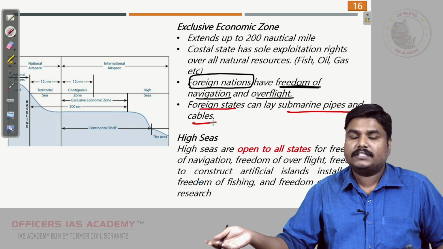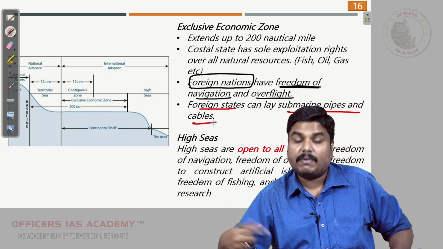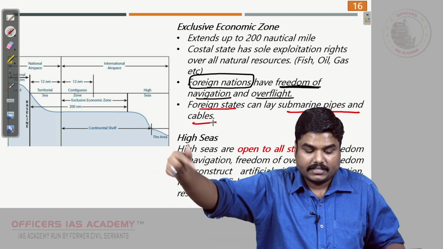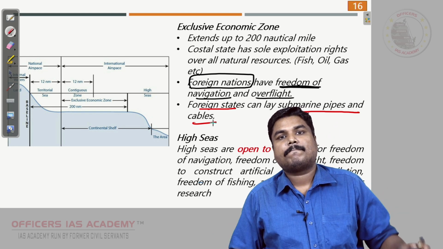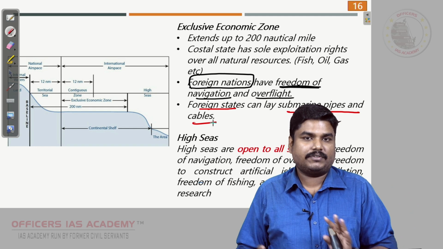Foreign countries can do that. Let us say in India's exclusive economic zone, Bangladesh can come and lay submarine pipes. Bangladesh can come and lay the cables as well, right. There is no restriction in the exclusive economic zone.